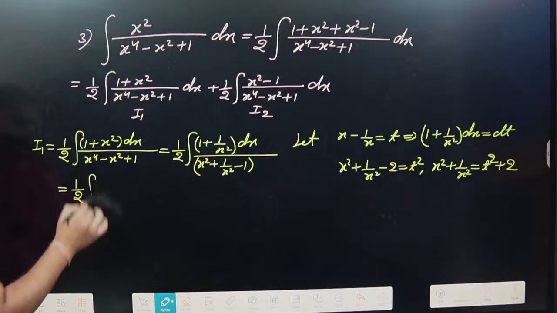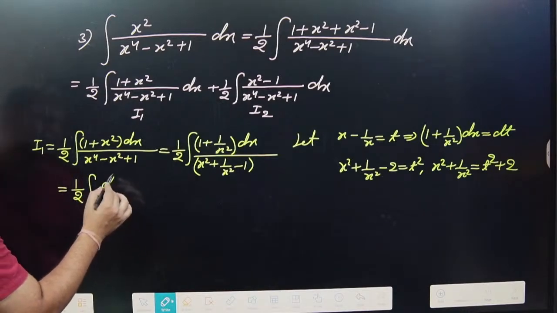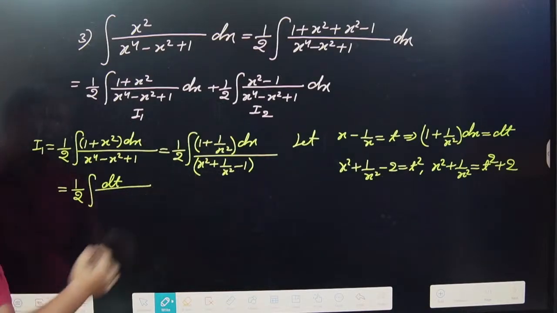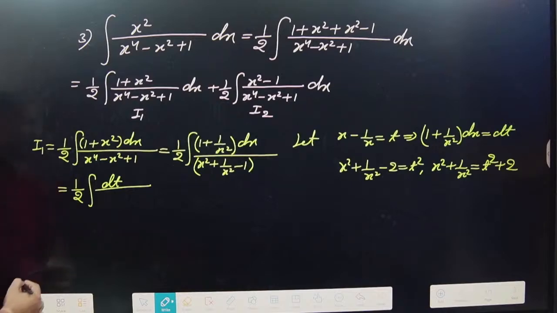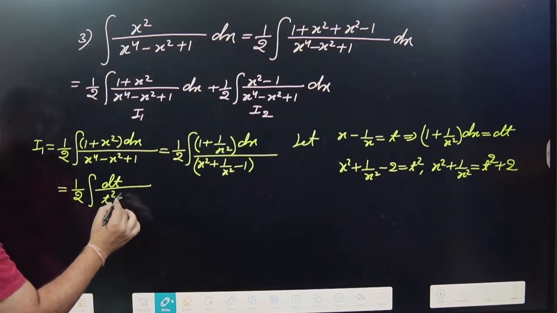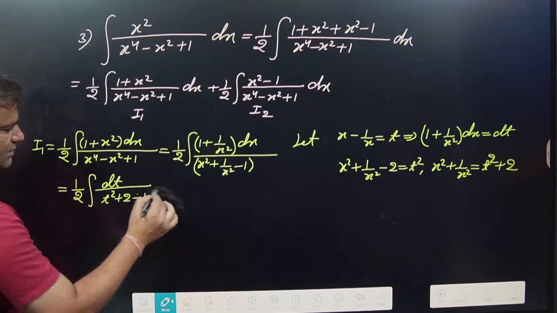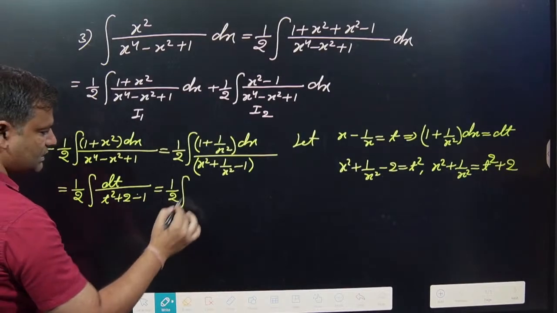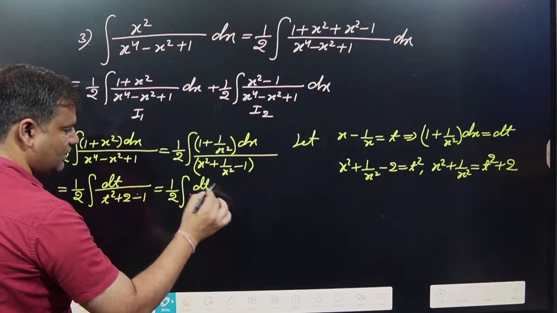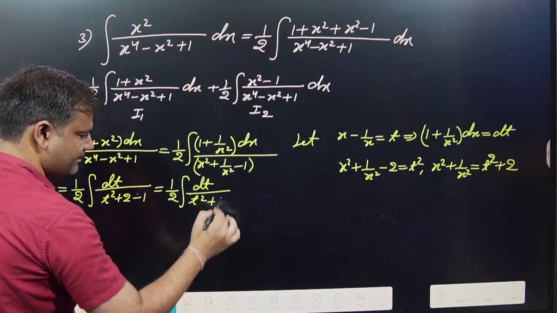So half into dt divided by t square plus 2 minus 1. You can say half into dt divided by t square plus 1.